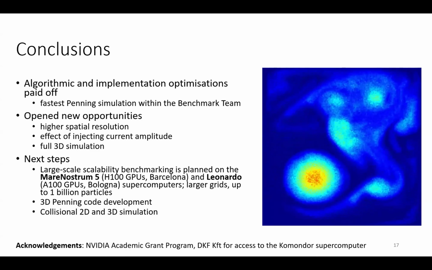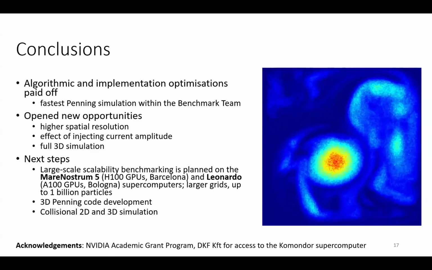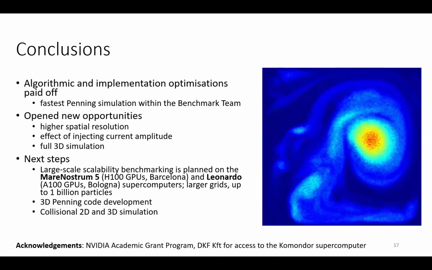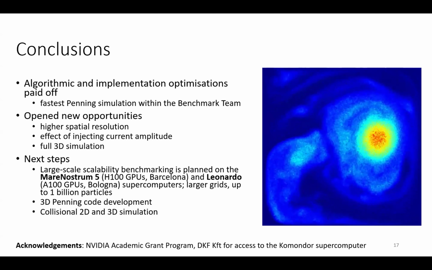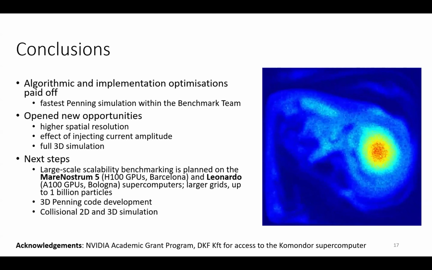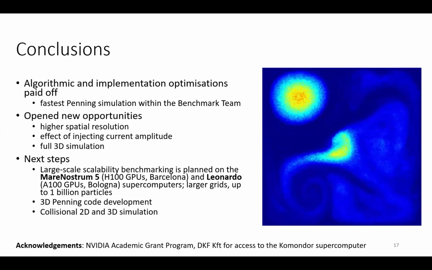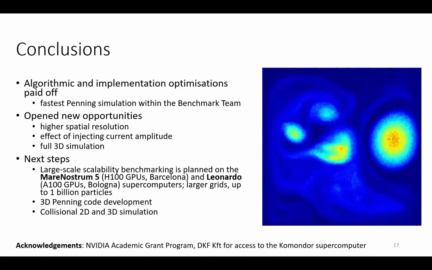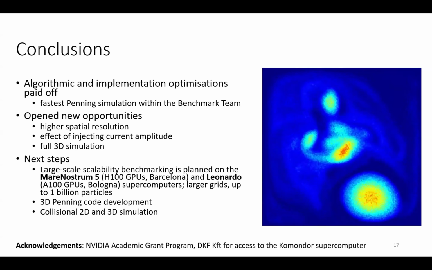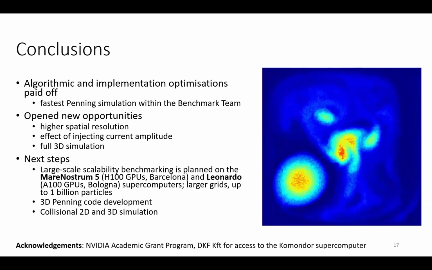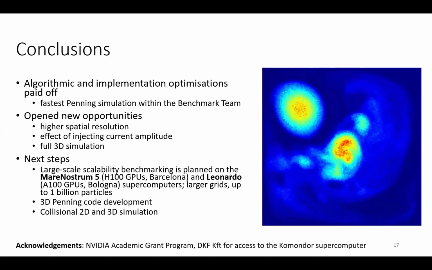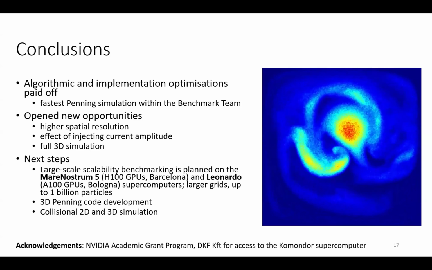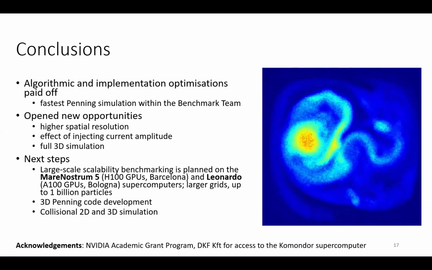And we also want to extend the scalability study for larger supercomputers, so we can go up to 128 or 256 GPUs and see, for example, larger grids. So we used the 256 by 256 grid, and we'll see what happens with 512 or 1024 size grids and increased particles. So we can push up, by our estimates, to 1 billion particles, and hopefully it will scale to hundreds of GPUs. So thank you very much.